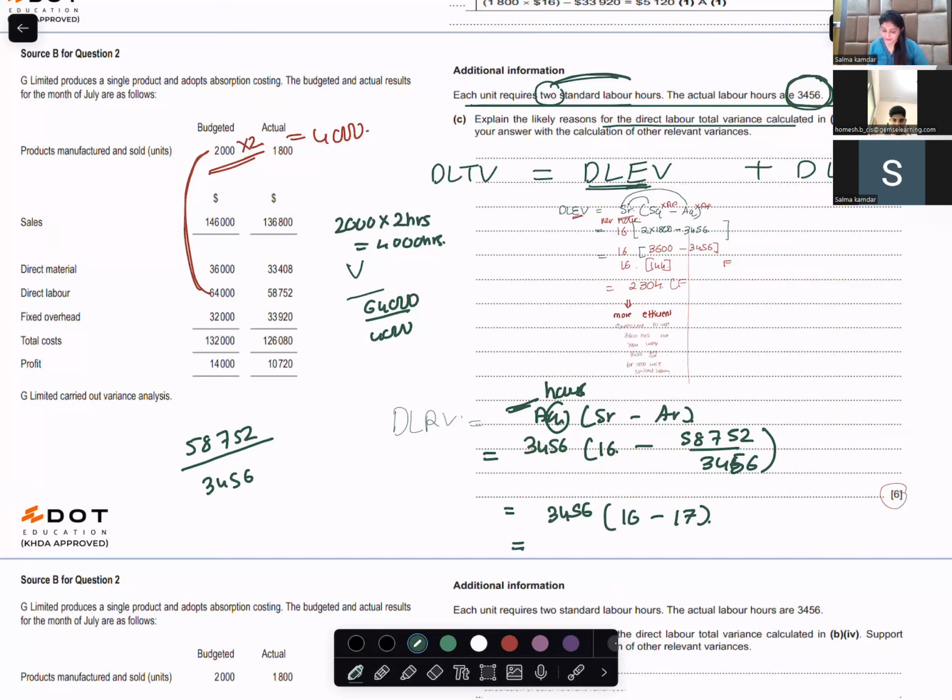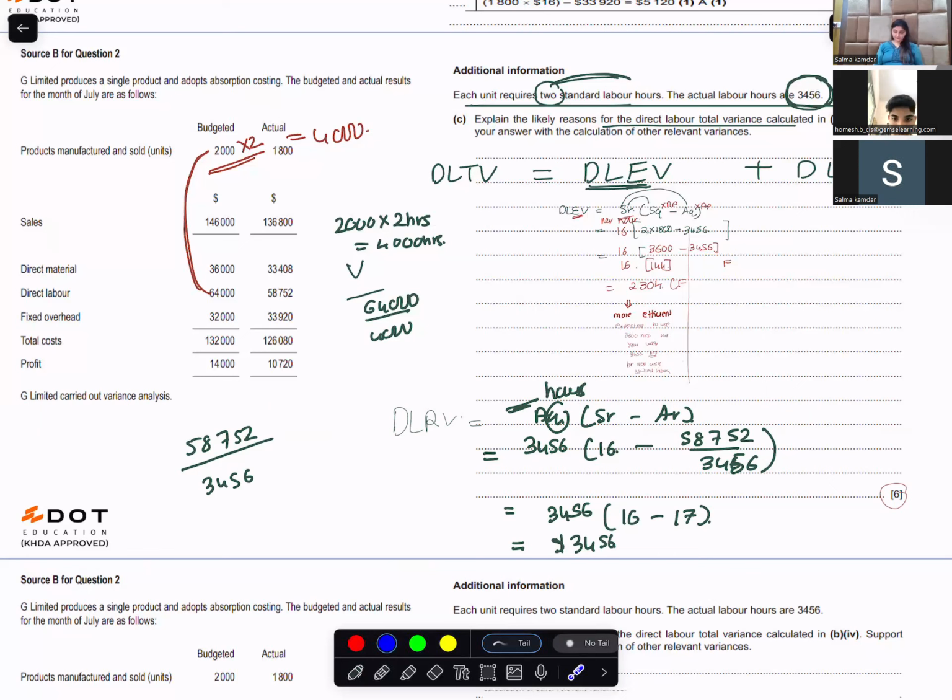So your direct labor rate variance is 3,456 into 1. Favorable or adverse? Why favorable?